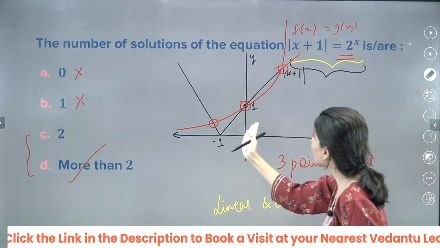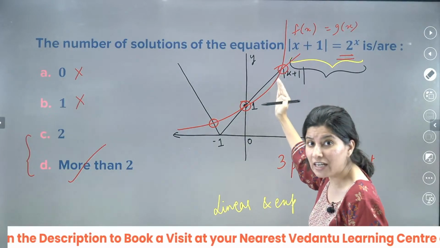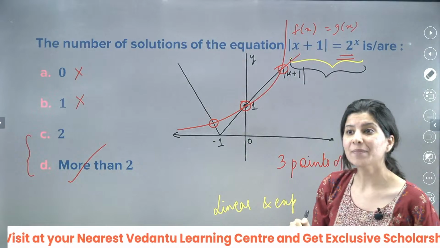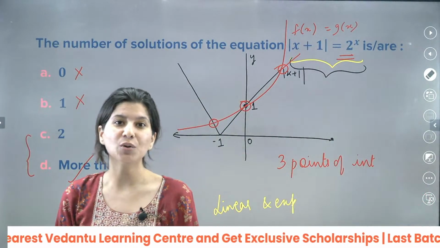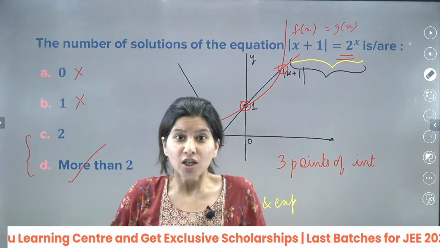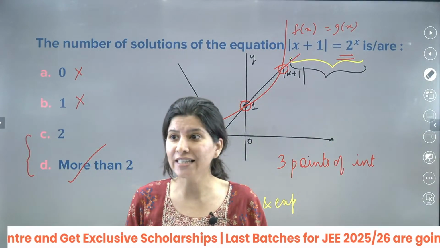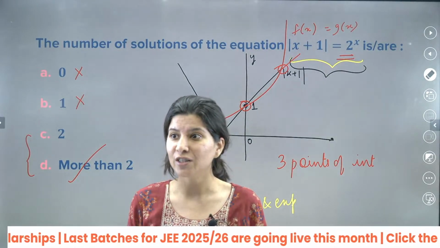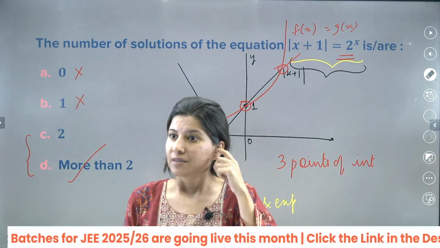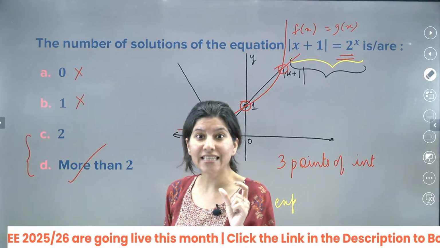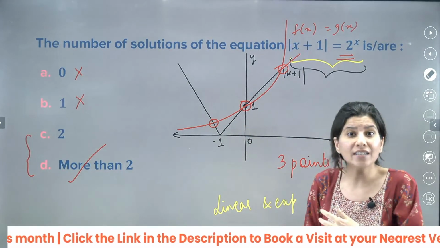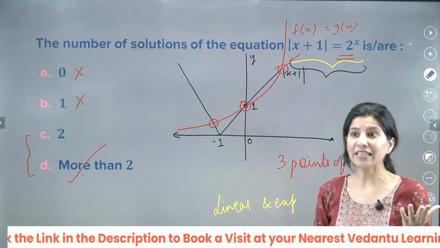Because I know that my exponential graph will be greater than my linear graph. You know that during COVID times, did you hear that cases are increasing exponentially? So exponential increase is always greater than anything, especially linear.